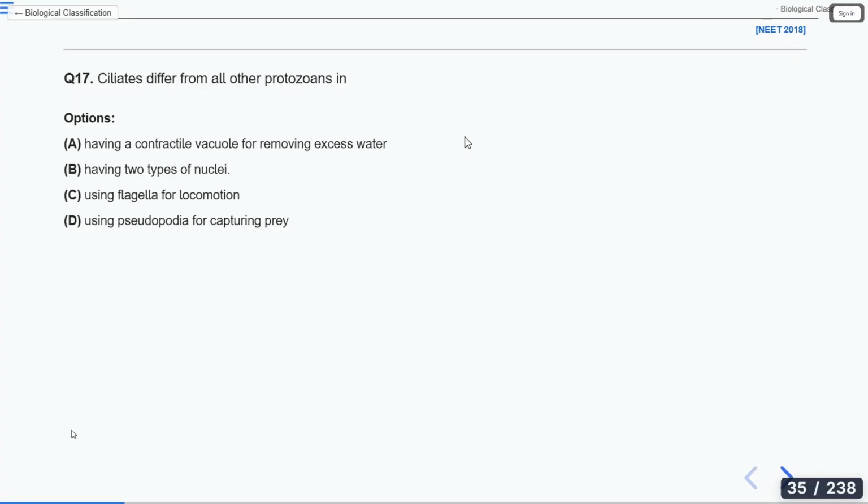What is this contractile vacuole? What is the use of the contractile vacuole?